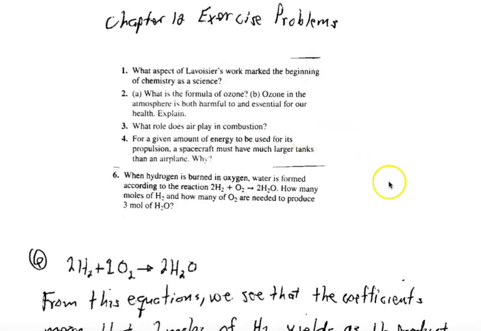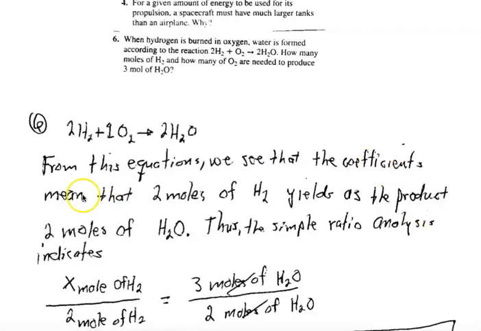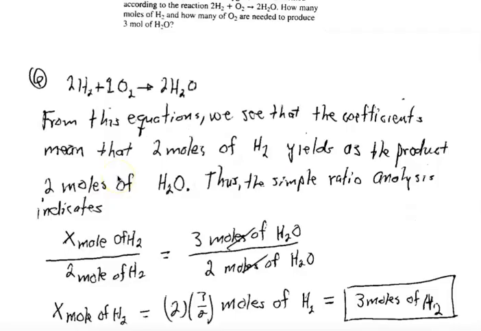Well, you start with the given equation, 2H2, so this means 2 moles of H2 plus 1 mole of O2 yields 2 moles of H2O. So you have this ratio opportunity. From this equation, we see that the coefficients mean that 2 moles of H2 yields as the product 2 moles of water. 2 moles here, 2 moles there.